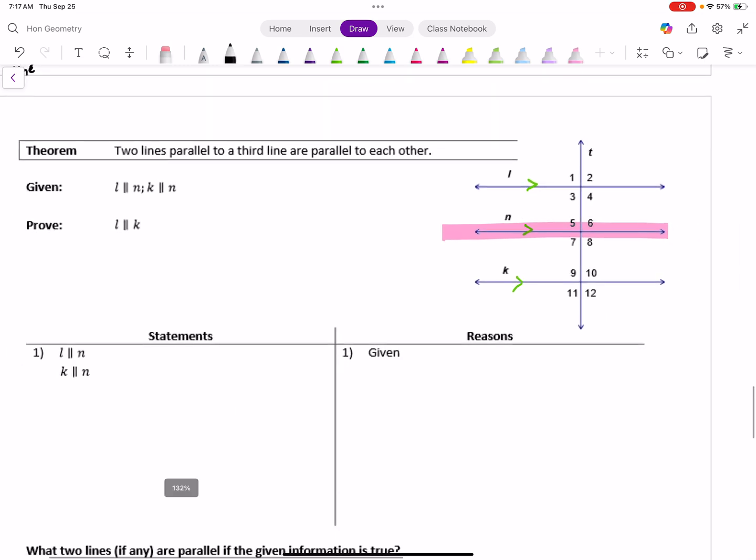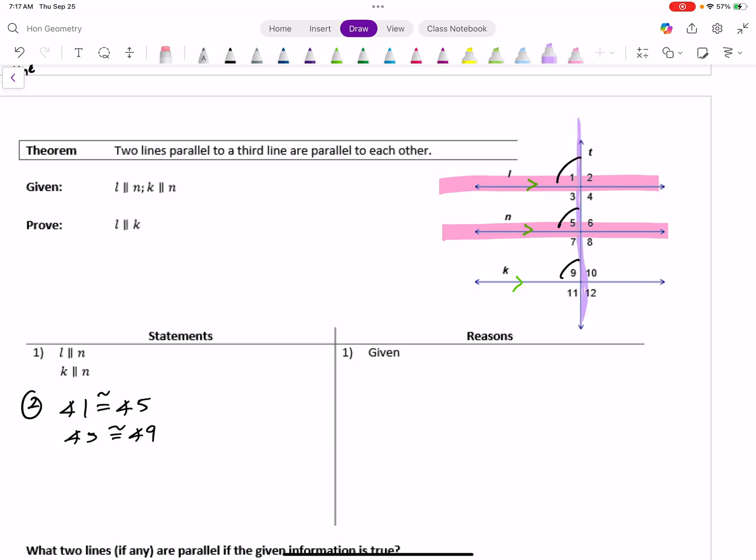So we've got our given. We can say that angle 1 is congruent to angle 5. And that angle 5 is congruent to angle 9. So we know this is congruent to this, but we also know this is congruent to that because these 2 are parallel with this transversal, and 1 and 5 are corresponding angles.